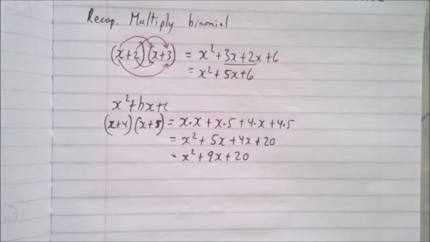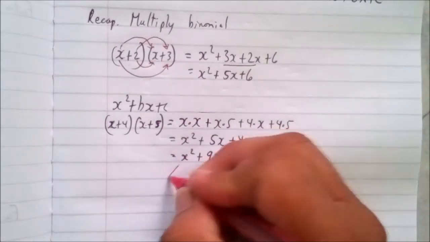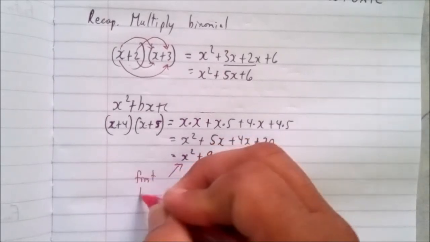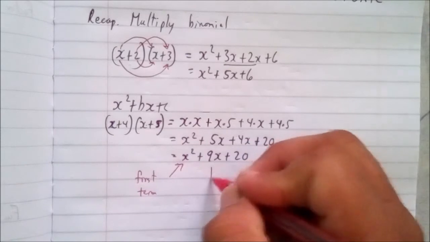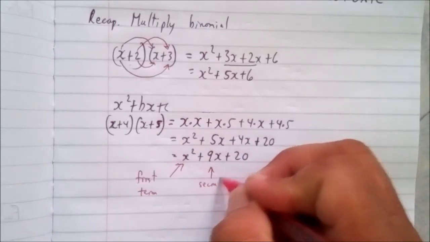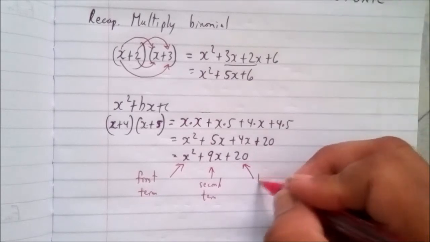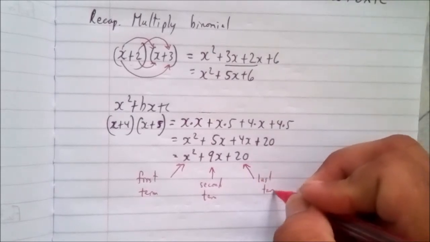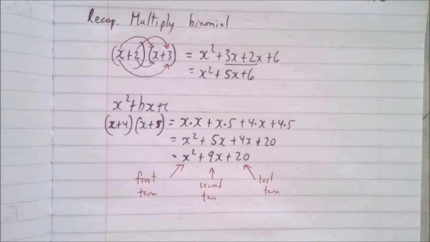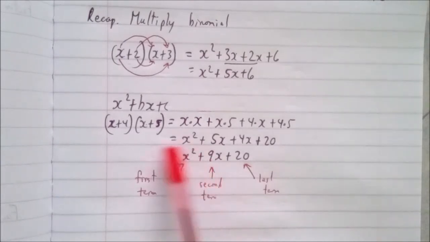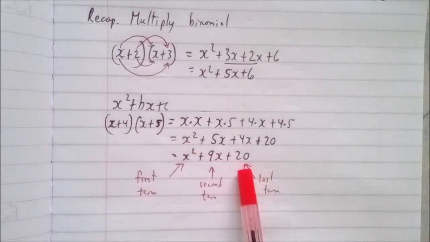Now here, this is very important. This is the first term. This is the second term. And this is the last term of the trinomial. The result has 3 terms, if you notice. So we multiply this out, we end up with 3 terms.